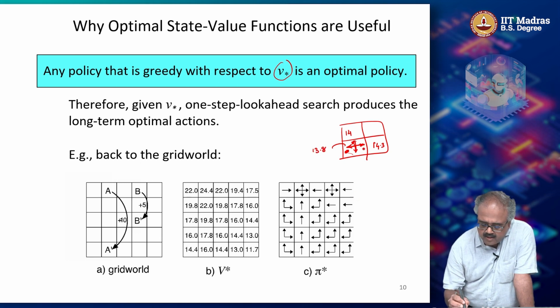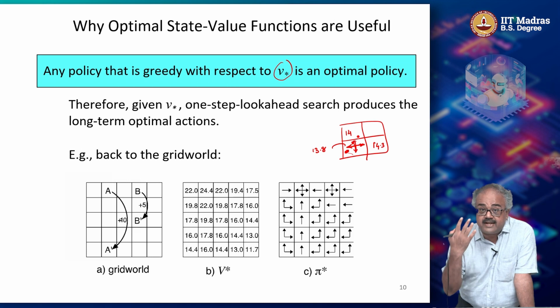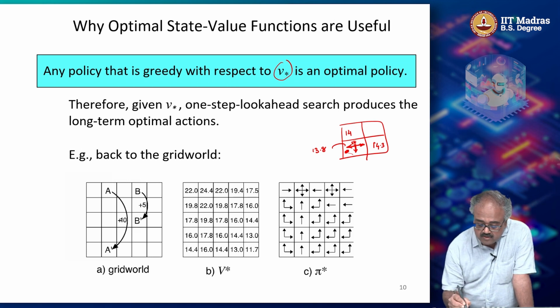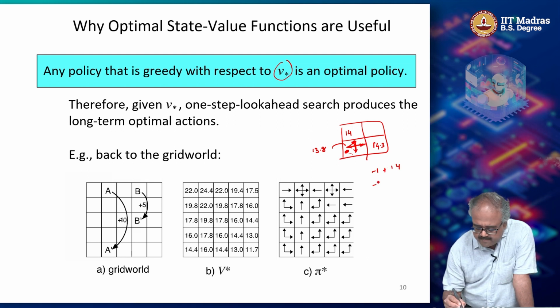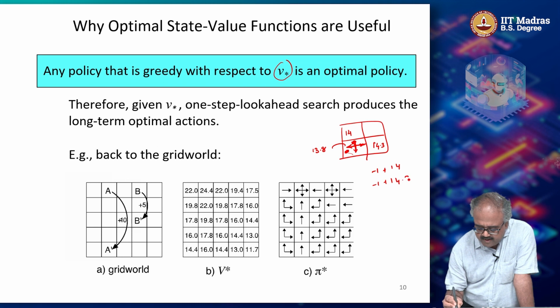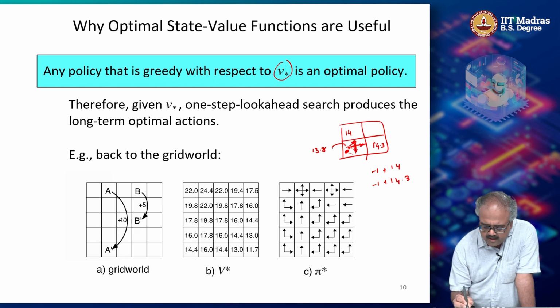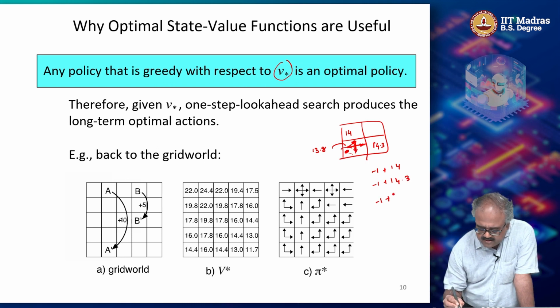And each action gives me a -1. So if I go up, I will get -1 plus 14. If I go right, I will get -1 plus 14.3. If I go down or I go left, I will get -1 plus 13.8.